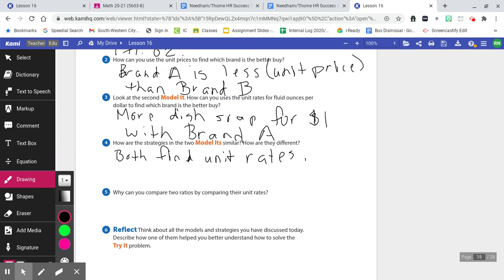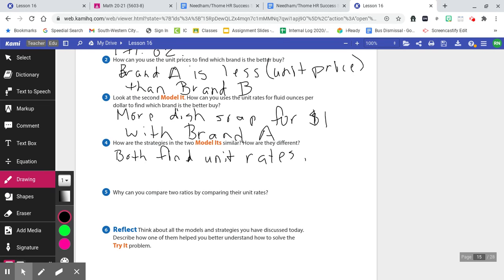Why can you compare 2 ratios by comparing the unit rates? So the unit rates show the amount for each unit of a given quantity. You compare ratios where the quantity that is the same in each ratio is 1. So when I bring both ratios down to 1, then I can compare the other number.